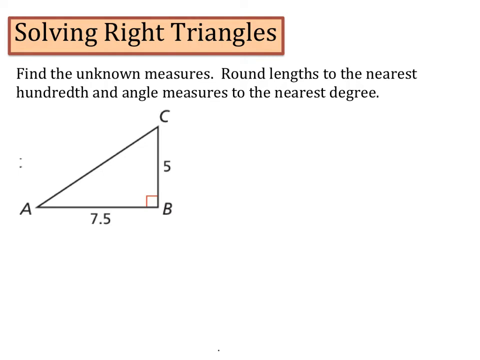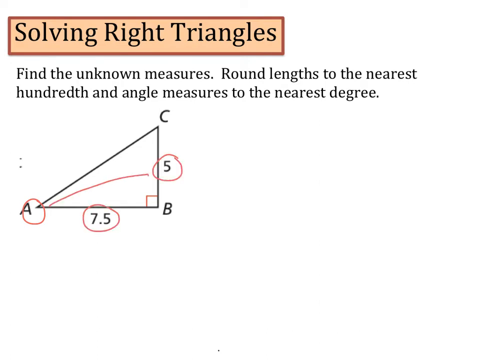If I want to find the measure of angle A, I can use something called an inverse trig ratio. In order to use an inverse trig ratio, I need to use at least two of the side lengths. Here I have 7.5 and I have 5.